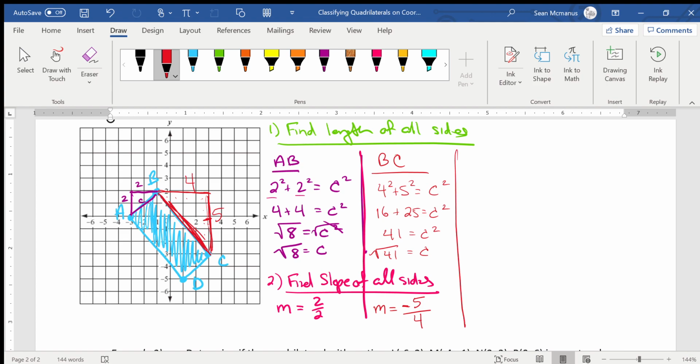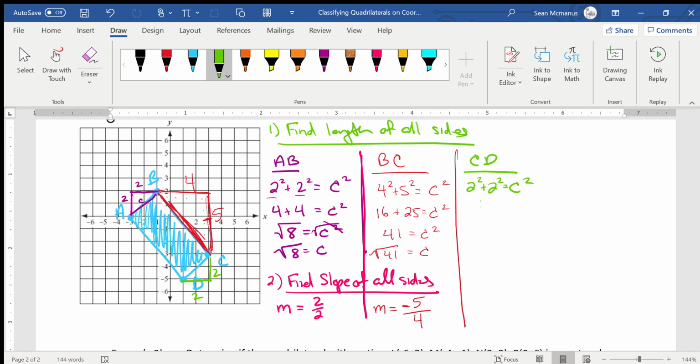So I already have enough information that I could answer this question, but I'm going to keep going because we need the practice. So I'm going to look at AB, BC, CD. CD down here, I got a 2 and a 2. So I'm going to have 2 squared plus 2 squared equals C squared. That's the same thing I had in AB in my first one.